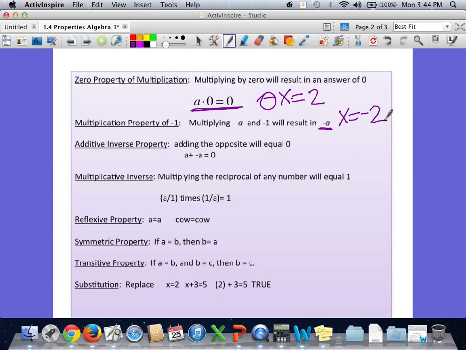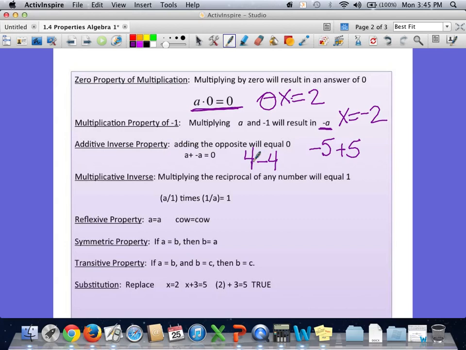Big, long property for such a simple thing. Additive inverse is when you are simplifying and you're not doing it to both sides. That would be like if you were trying to find the inverse of 4, you would subtract 4. If you had the inverse of -5, that would mean add 5. You're not doing it to both sides of the equation. You are just simplifying on one side.